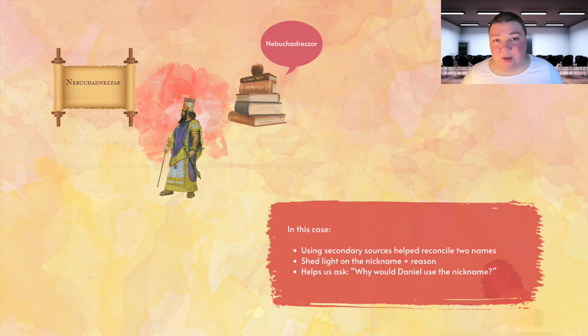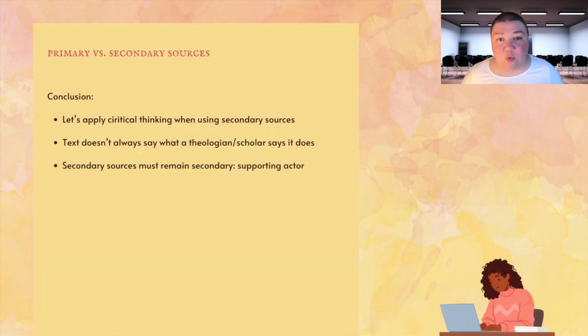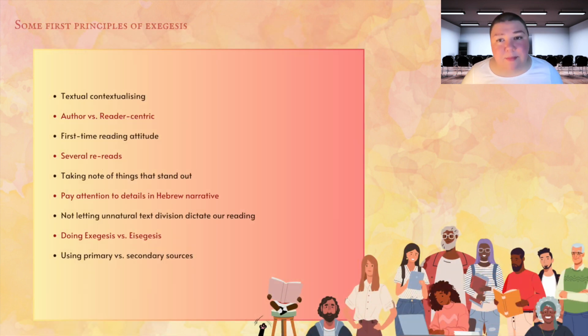So, in conclusion, let's use secondary sources while applying critical thinking. A passage doesn't say something merely because a theologian or a scholar maintains it. When exegeting, secondary sources must always be just that, secondary. They can sometimes add to our study, but must play the role of supporting actor to the biblical canon.